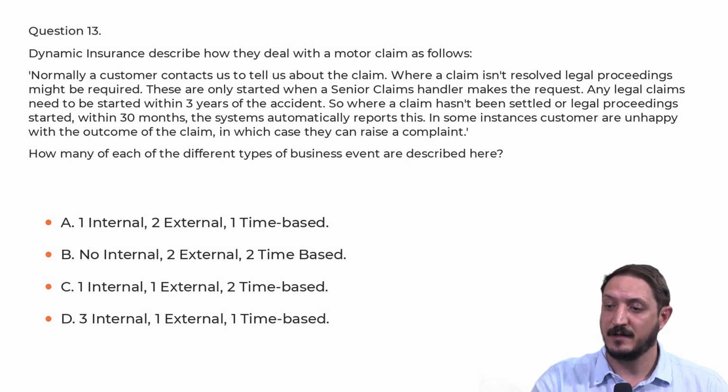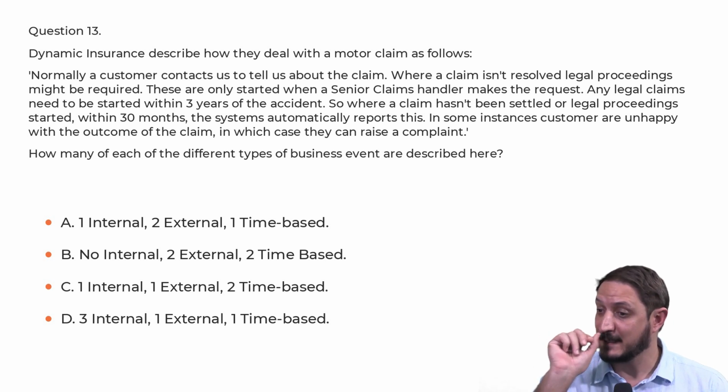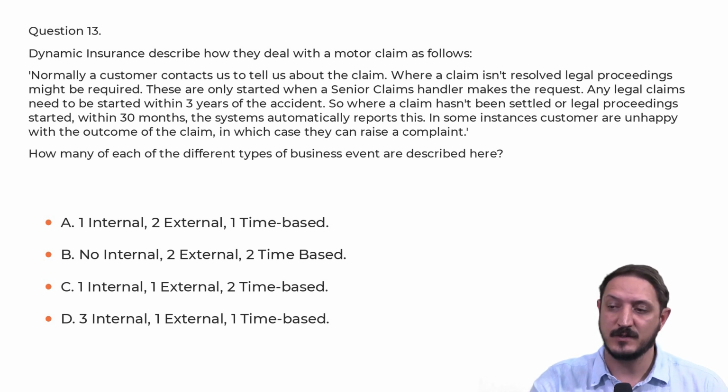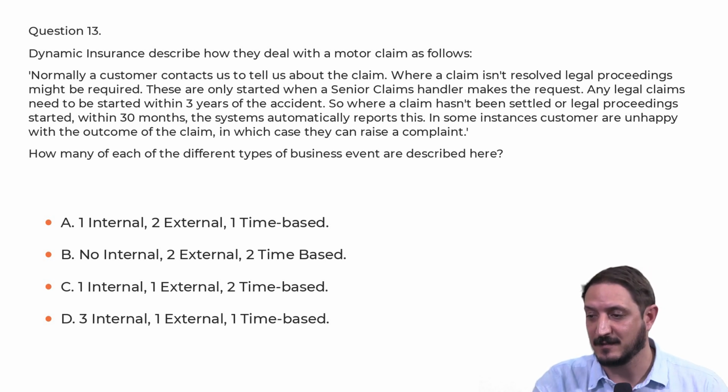It says here, normally a customer contacts us about the claim. Where a claim isn't resolved, legal proceedings might be required. These are only started when a senior claims handler makes the request. Any legal claims need to be started within 3 years of the accident.